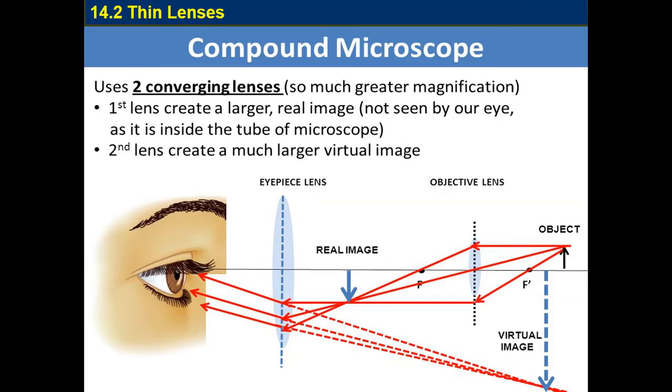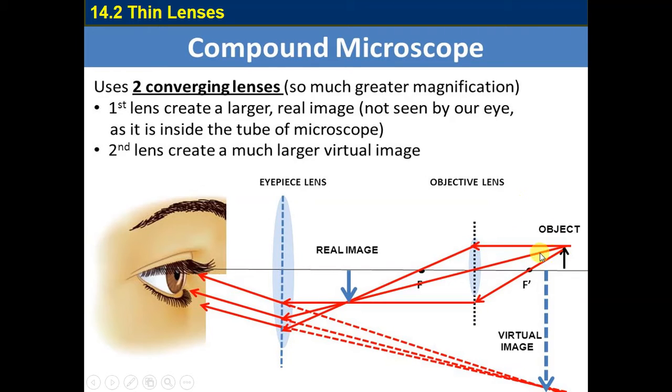Diverging lenses always produce images that are smaller than the object. So for sure we are not going to use diverging lens if we want to enlarge the object. So the types of two lenses here are converging lens. Both of them are converging, okay, because we need to make our object bigger.